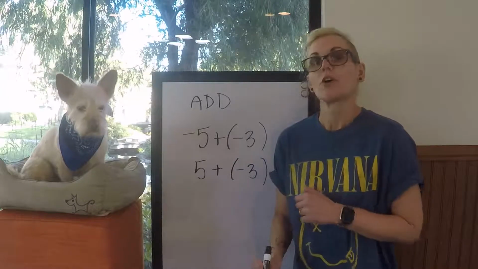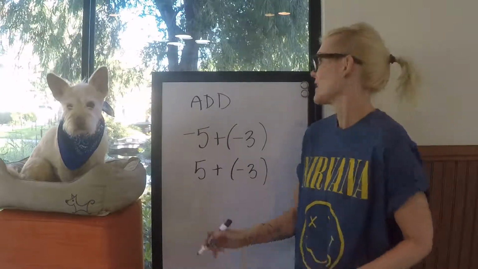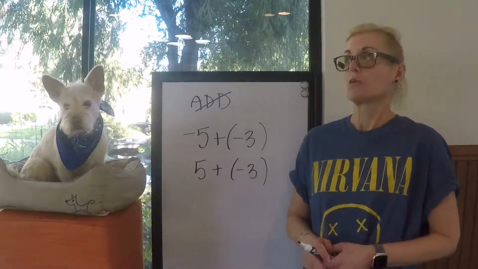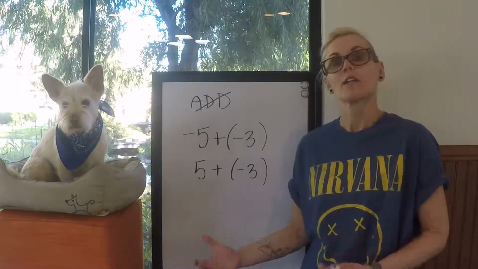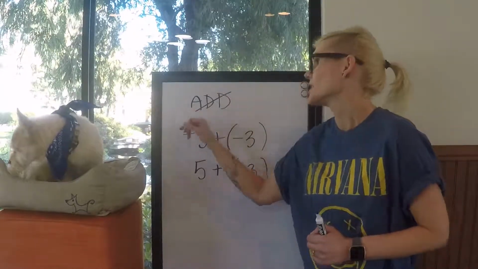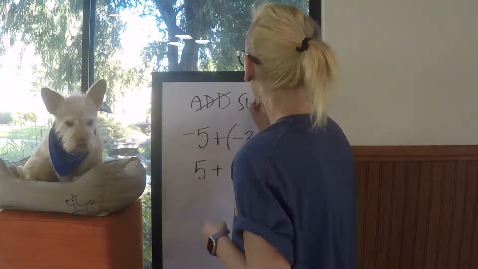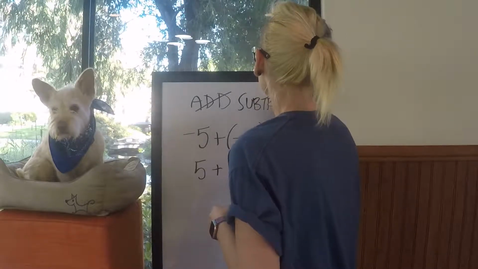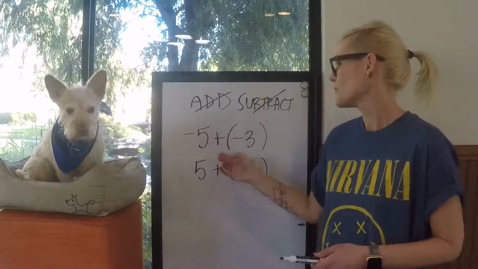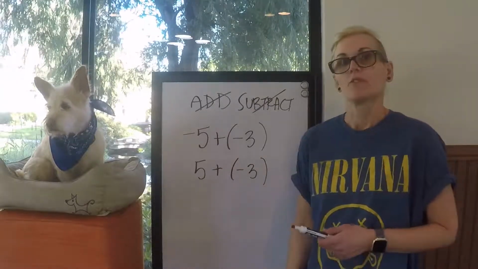You could disregard the words add or subtract, because essentially when you're adding or subtracting with integers, you might be adding or you might be subtracting. So if it helps you to even cross out the words add, or if it asks you to subtract, you could cross that word out too, and just focus on the numbers given to you.